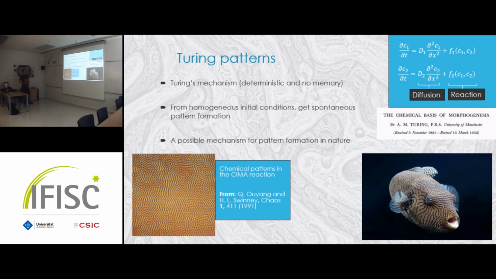So in 1952, Alan Turing, working at the University of Manchester, wrote his seminal paper, The Chemical Basis of Morphogenesis. This has really been the subject of discussion for quite a few decades now. Basically Turing's idea was this. You have two sets of chemicals which interact with each other in a non-linear manner, and they also diffuse.